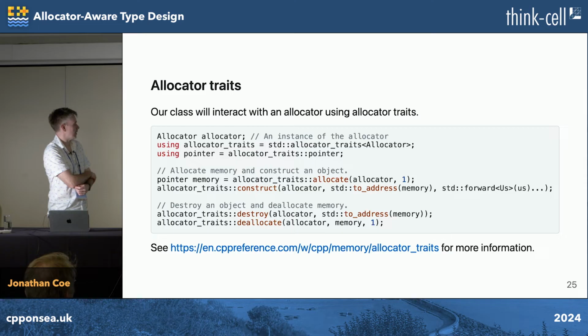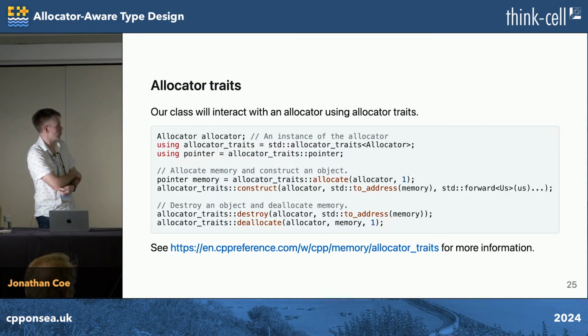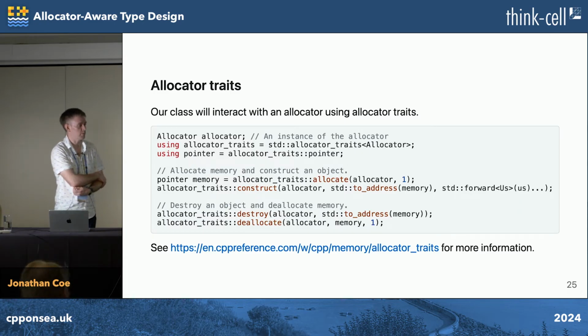So allocators, as promised, separate out allocation and construction. So allocator traits has a function called allocate, which takes an allocator and the number of things you want to allocate. The allocator traits know what your object is, so they know how much memory to allocate, and they will return a pointer to that block of memory.